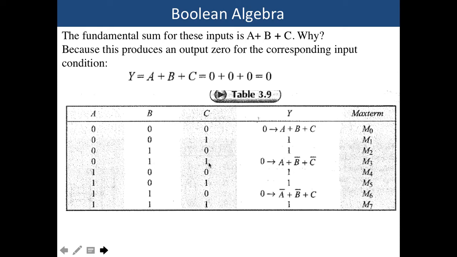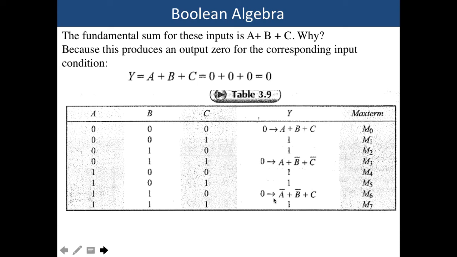It is opposite to sum of the product. The product of the sum is opposite to sum of the product. And in addition, instead of multiplying, we need to put a plus sign here. So this is A, B bar, C bar: A plus B bar plus C bar, output is 0.